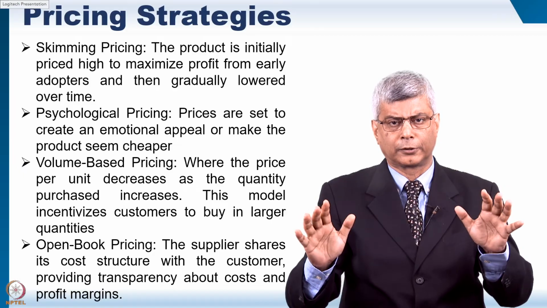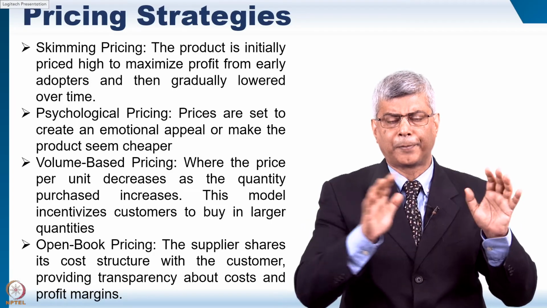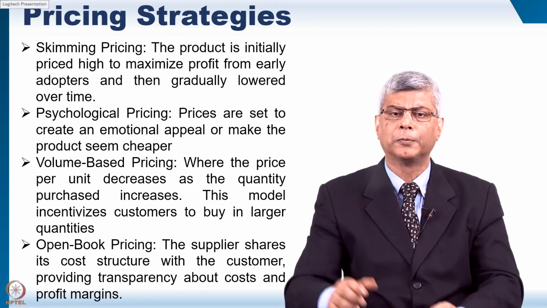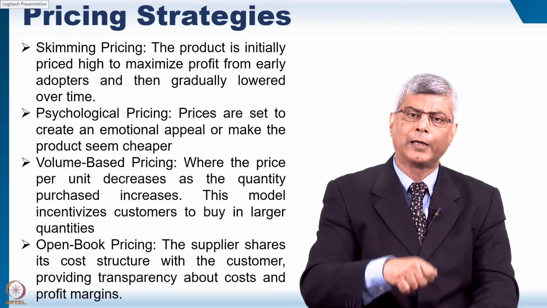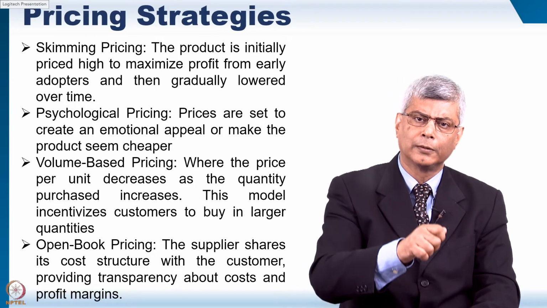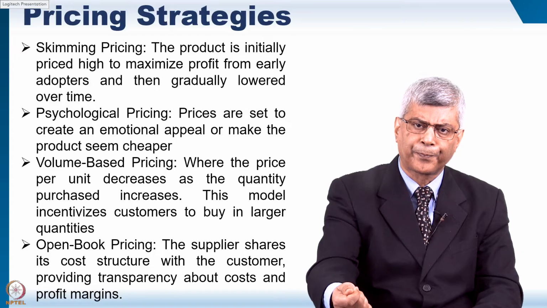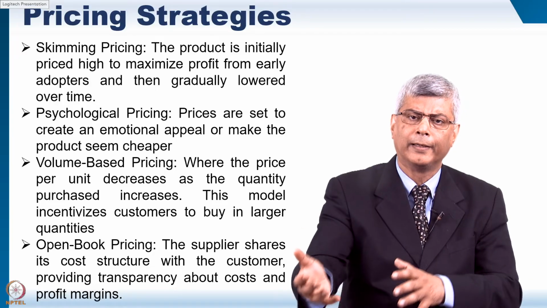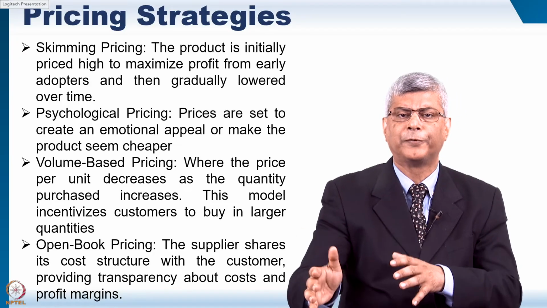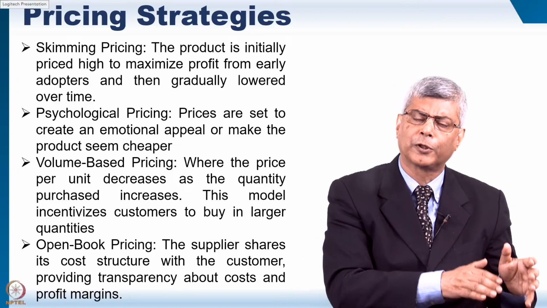So what will be the cost? The supplier will show the cost to the customer, but agree upfront that the customer will pay 10%, 5%, 15% commission on top of the cost.